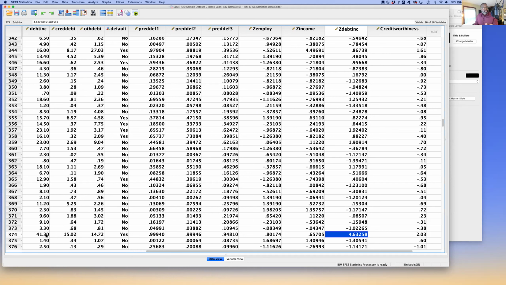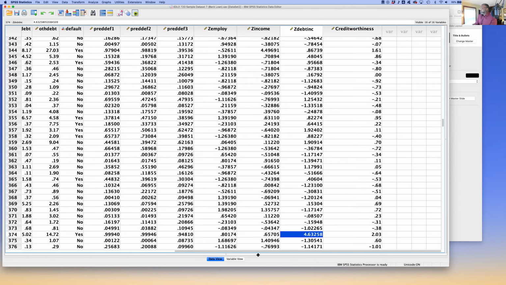To be quite honest, I'm not sure how to read this variable. You're absolutely right, it had an incredible impact on the Z-score here. It basically made this person very creditworthy, where they may not be creditworthy whatsoever. That's an incredible observation.